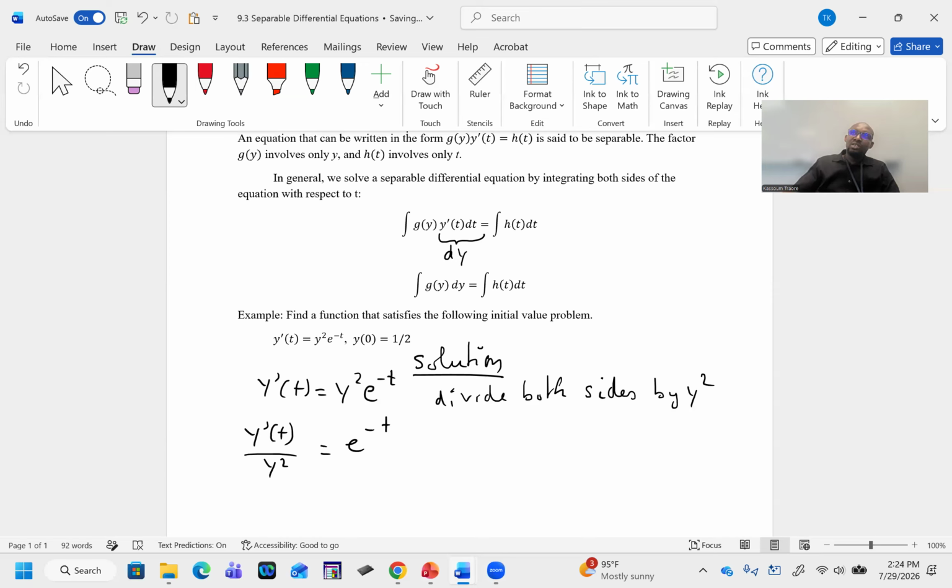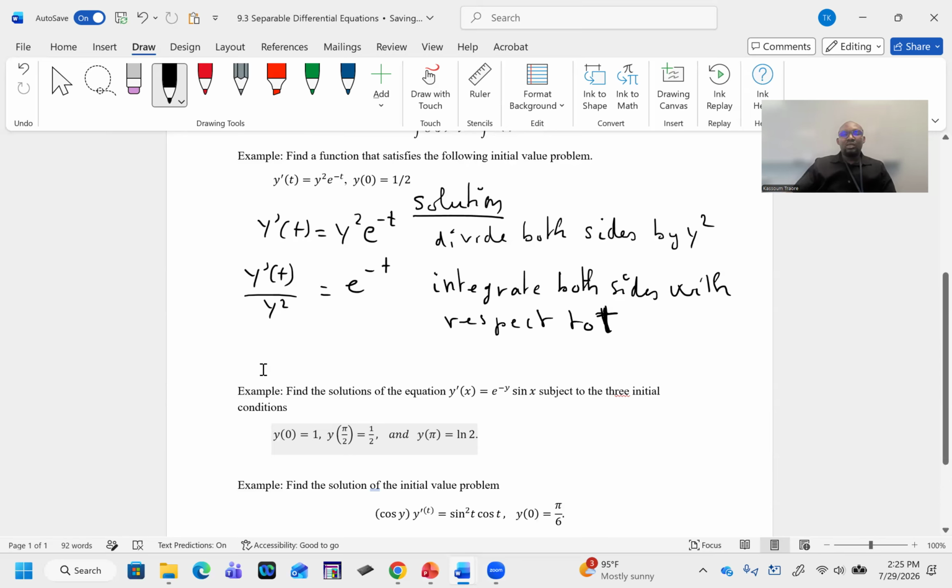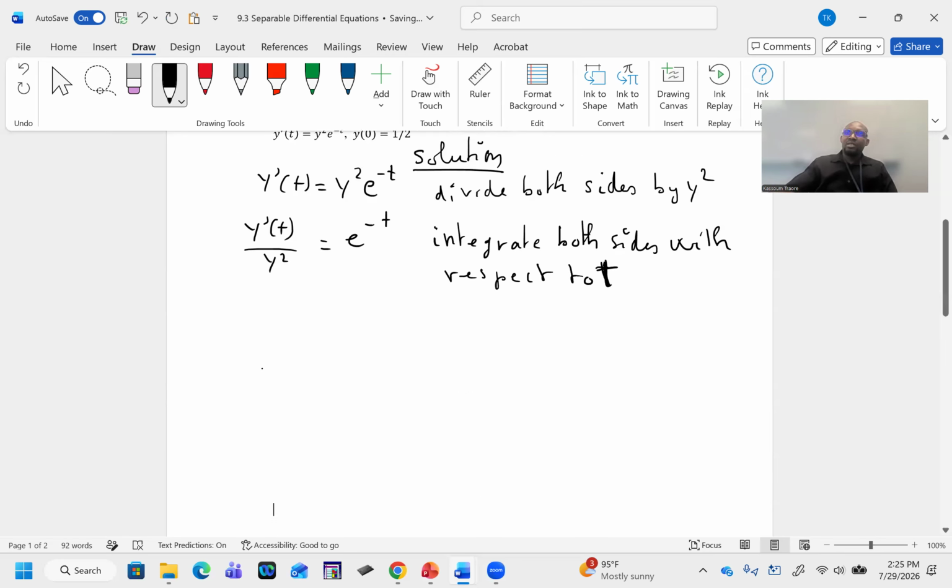So now we integrate both sides with respect to t, which means we will have the integral of 1 divided by y squared, y prime of t dt, would be equal to the integral of e to the power of negative t dt.